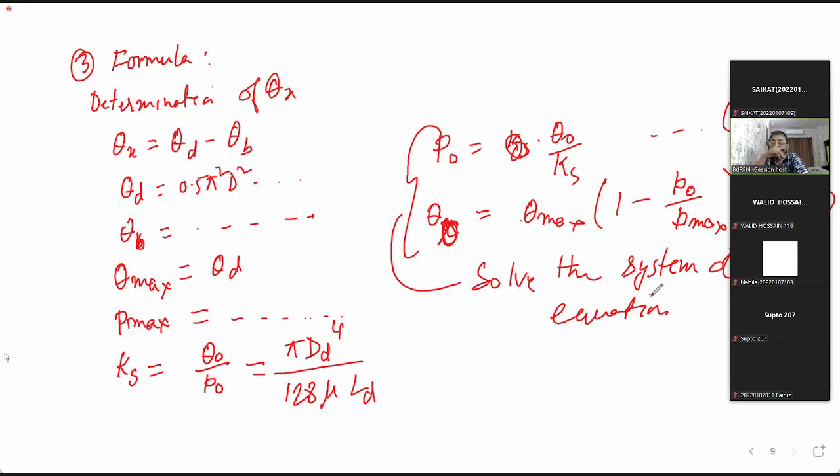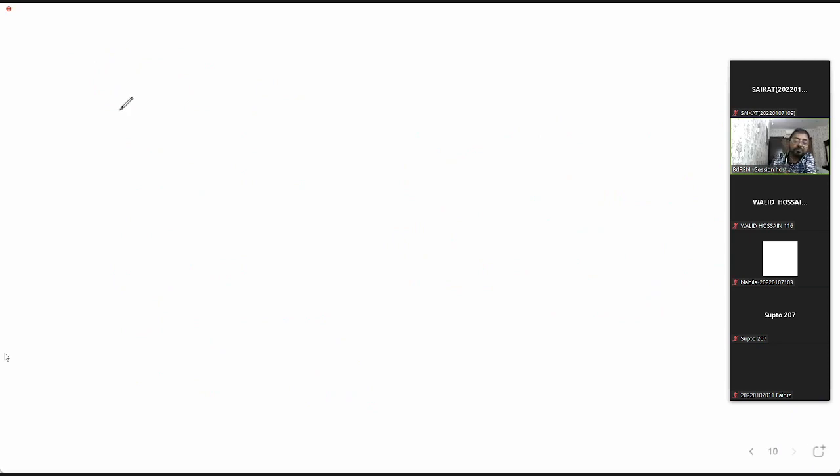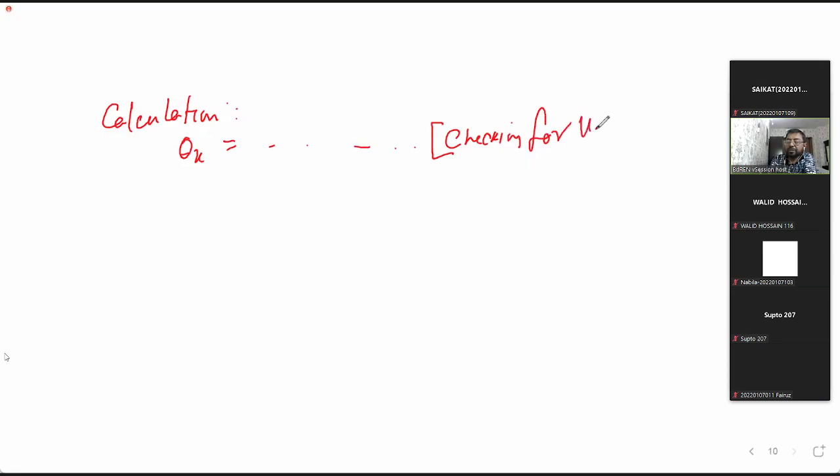That is the thing we are going to have. Now we shall go to our calculation. First of all, we shall calculate the Qx, putting the numerical value and checking the unit.